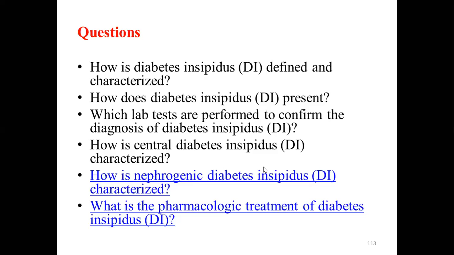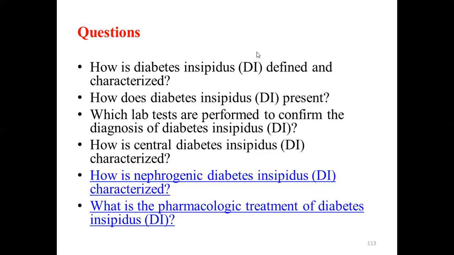The lab parameters for nephrogenic DI, how do they look? I don't remember very well.